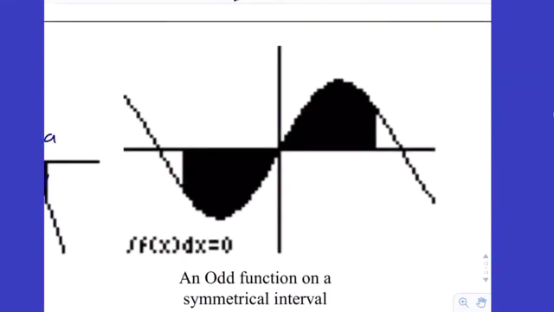So here's kind of a sign. This is a graph of sine of x, could be. Here's -a, here's a. So from -a to 0, you're losing stuff. Aww. Well, from 0 to a, you make a perfect recovery, and you gain back everything you lost, so your net accumulation is 0, back where you started. And it always works that way.